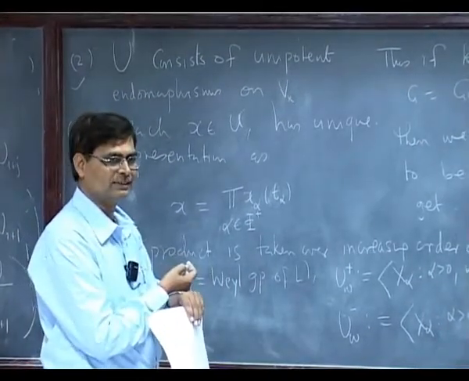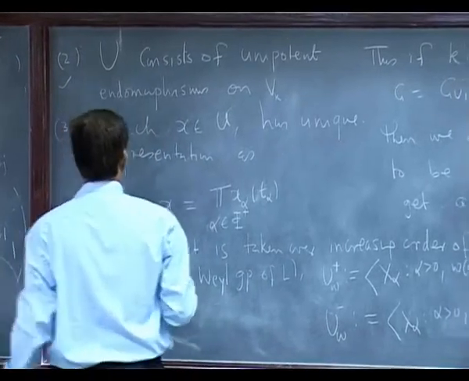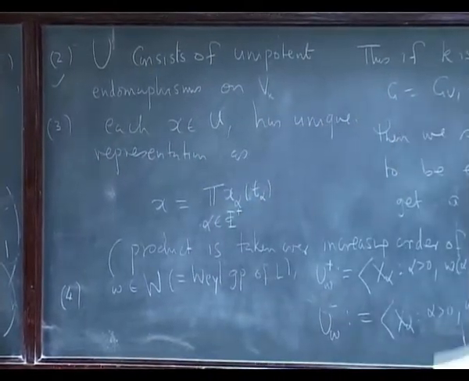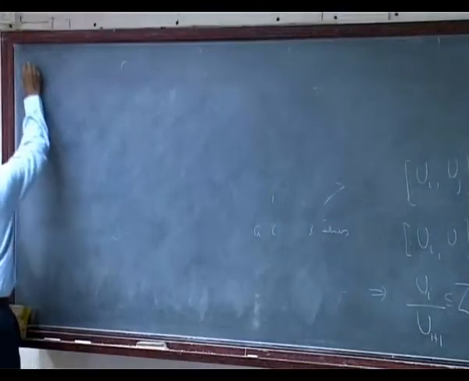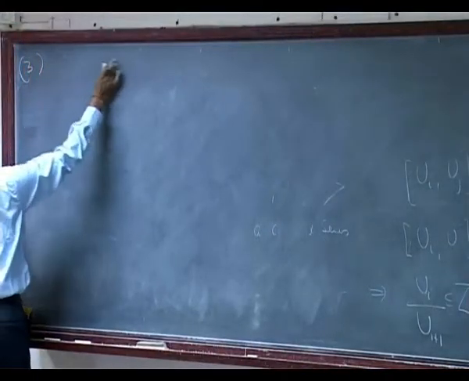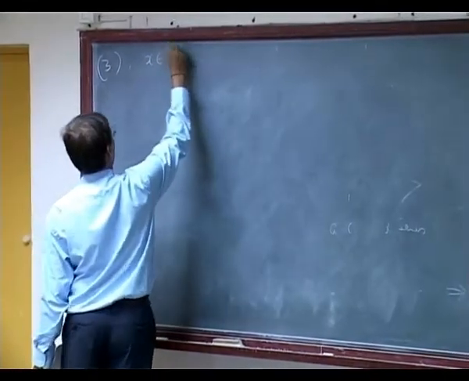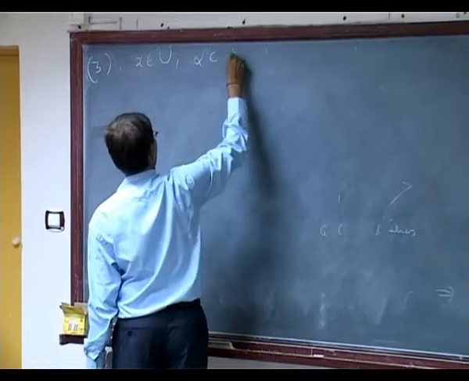Now 3, 4, 5, right? And why is this a unique expression? For the proof of 3, you fix some element, say x belongs to U, and alpha is some positive root.